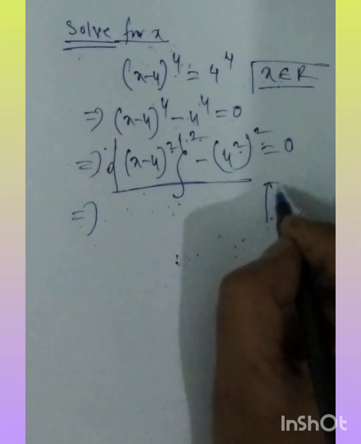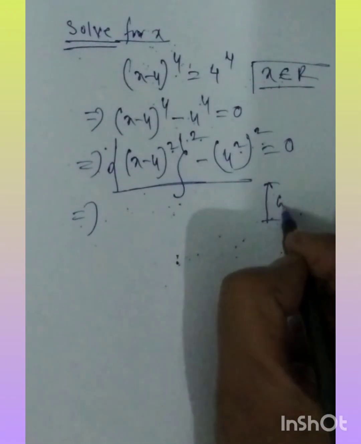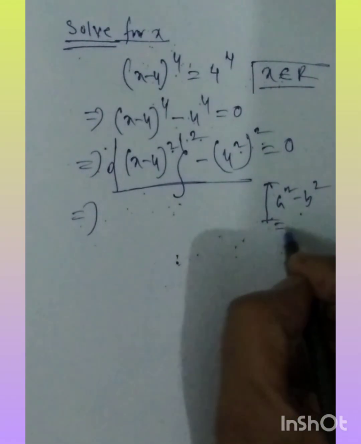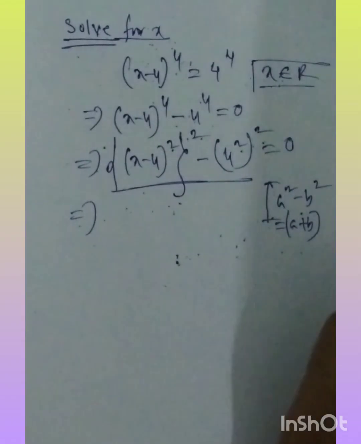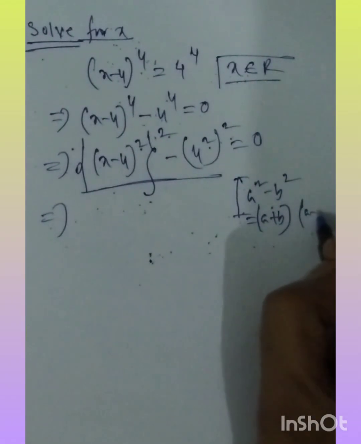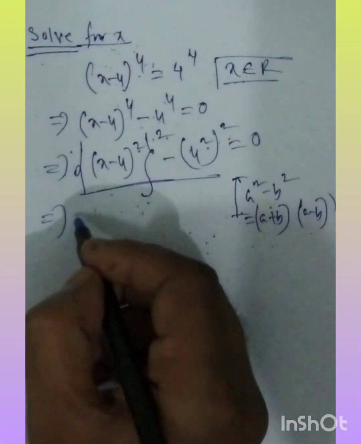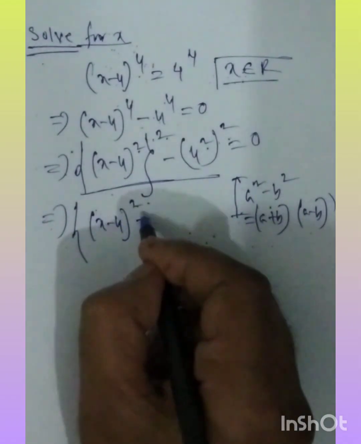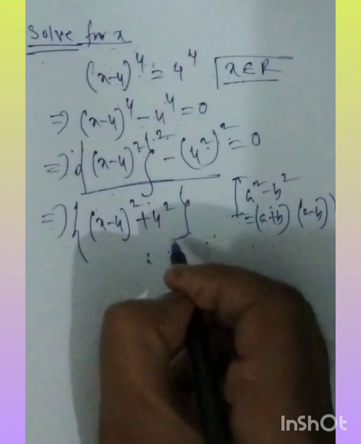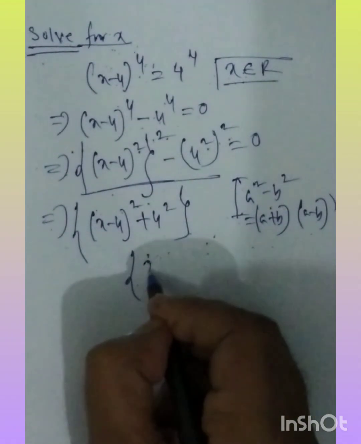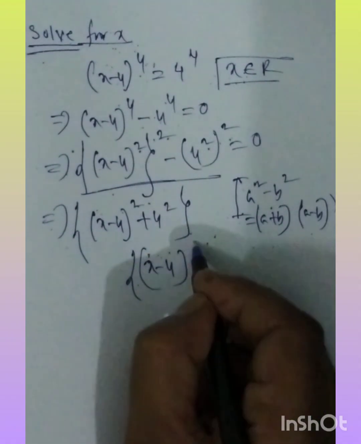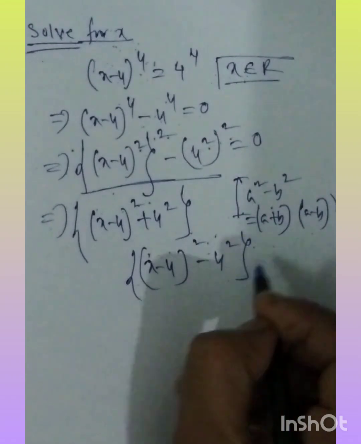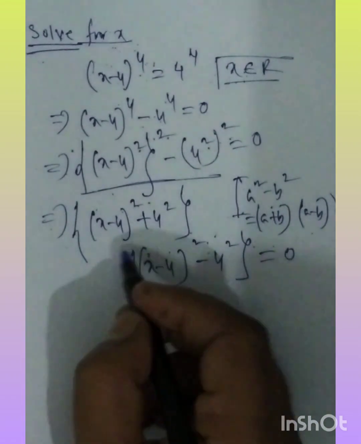In this equation, apply the a² − b² formula, that is (a + b)(a − b). So (x − 4)² + 4² and (x − 4)² − 4² is equal to 0.